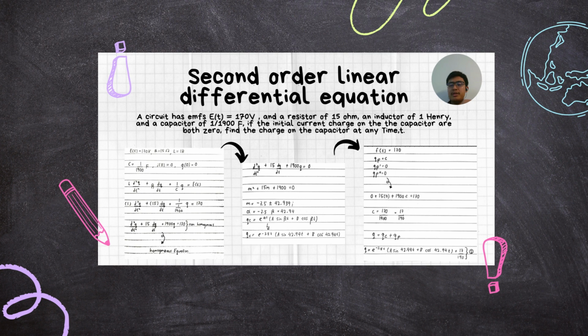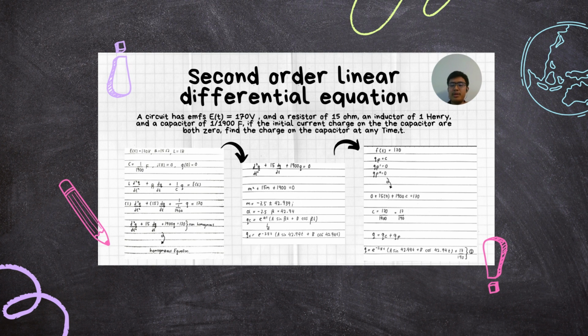We must differentiate the value. For the first differentiate we get 0, and for Qp double prime we also have 0.